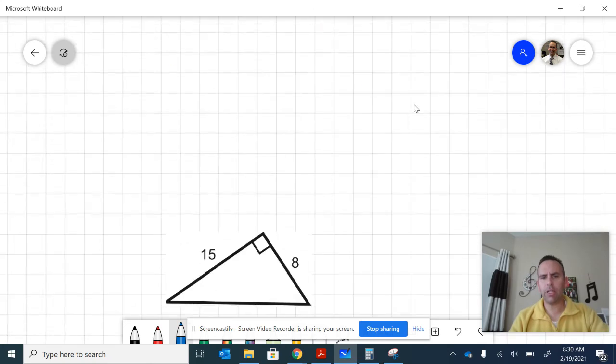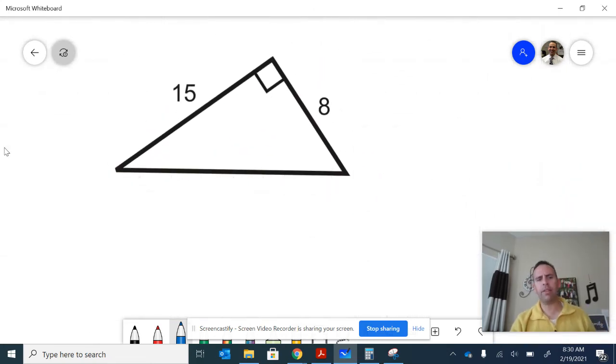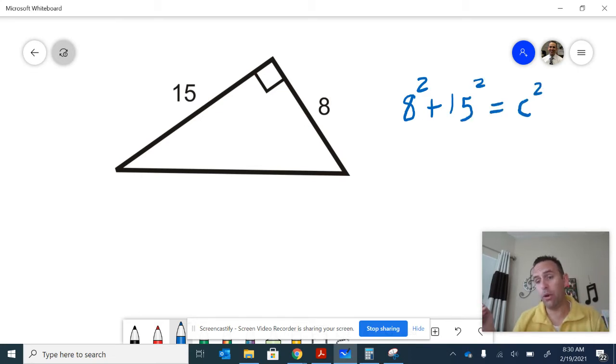Let's take a look at a specific example. Here I have a right triangle, and the legs are given as 8 and 15. Notice those are the legs because the hypotenuse is this longest side opposite the right angle. If you're to use the Pythagorean Theorem first that we've discussed in previous videos, you could figure out the length of the hypotenuse, which you might want to do if you're going to use one of these trigonometric ratios that uses the hypotenuse.